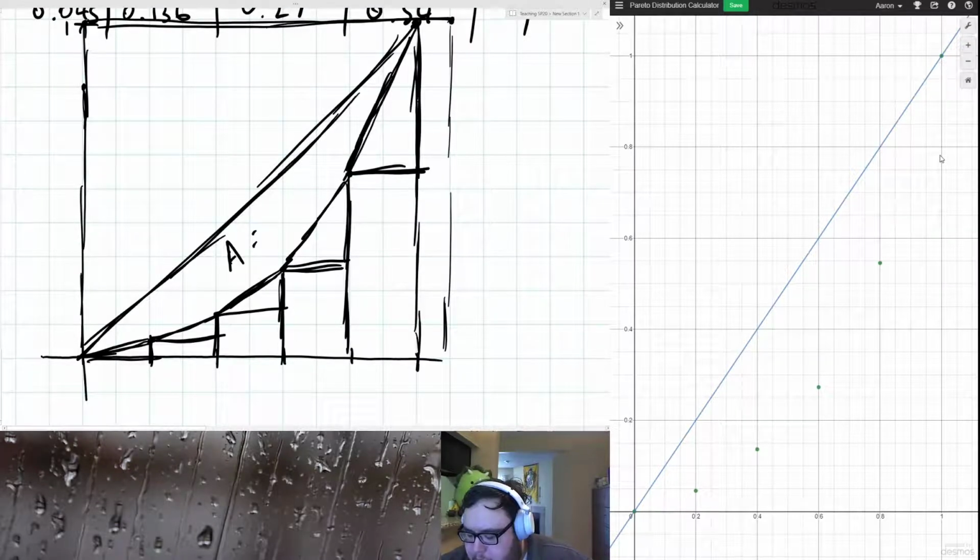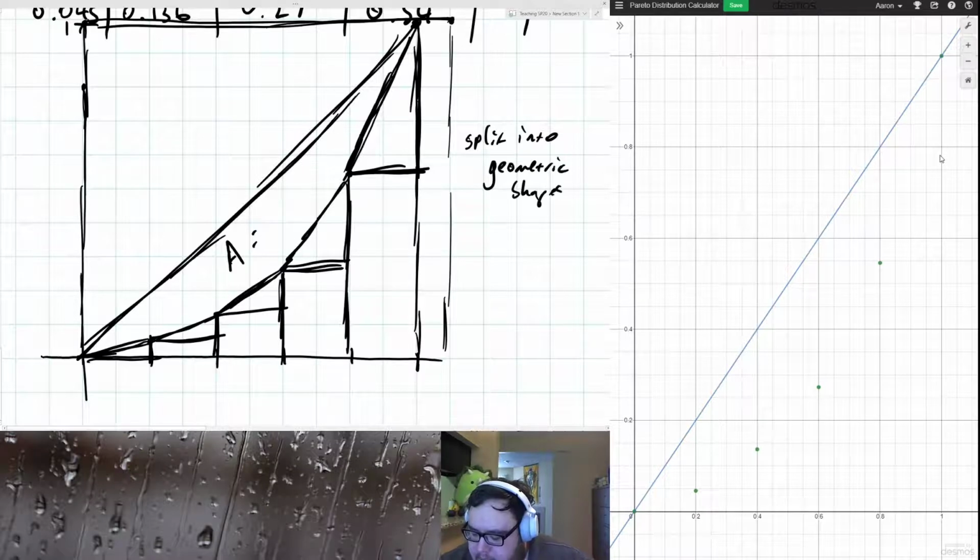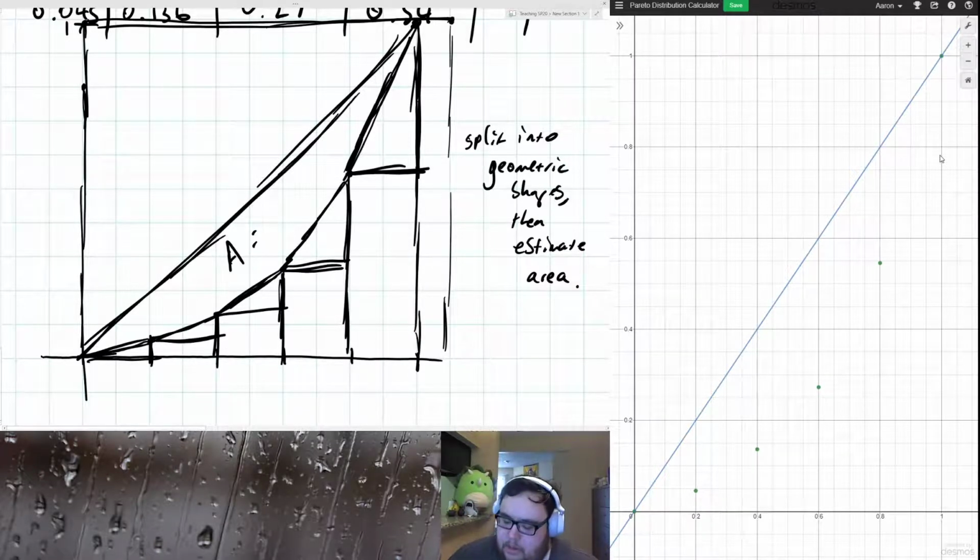So we can split into geometric shapes, then estimate area. One thing is certainly true.